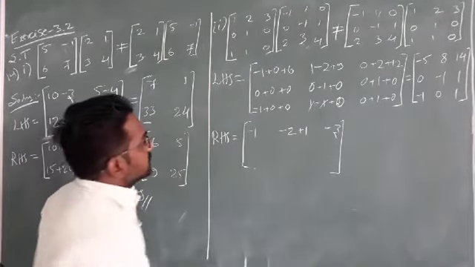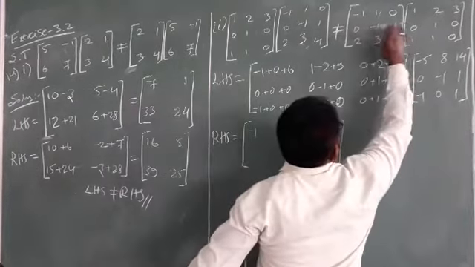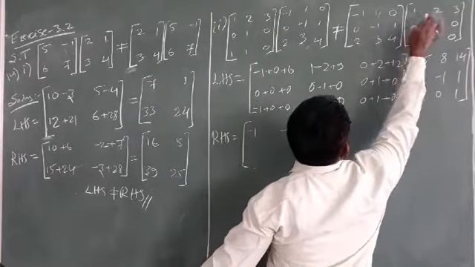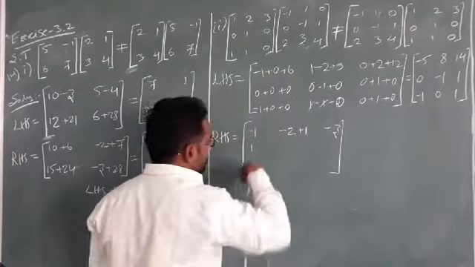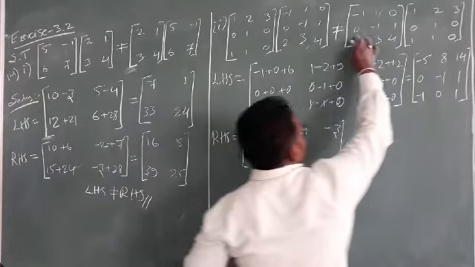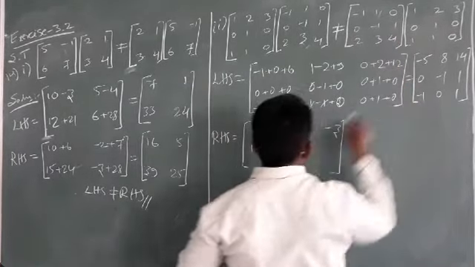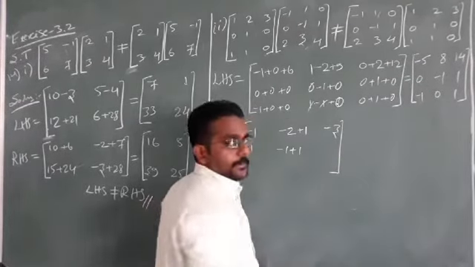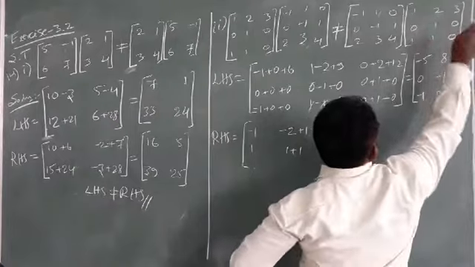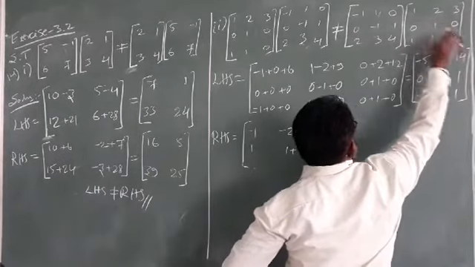Okay. Next, minus 1. Second row, first column, 0 into 1, 0. Minus 1 into 0, 0. 1 into 1, 1. 0 into 2, 0. Minus 1 into plus 1, minus 1. 1 into 1, plus 1. Next, 0 into 3, 0. Minus 1 into 0, 0. 1 into 0, 0.